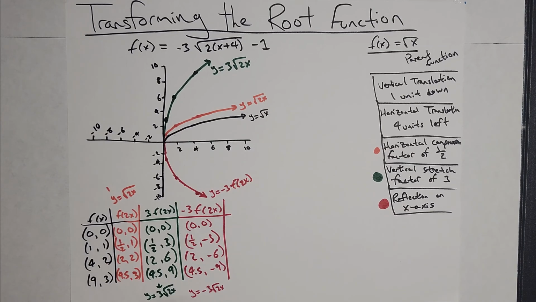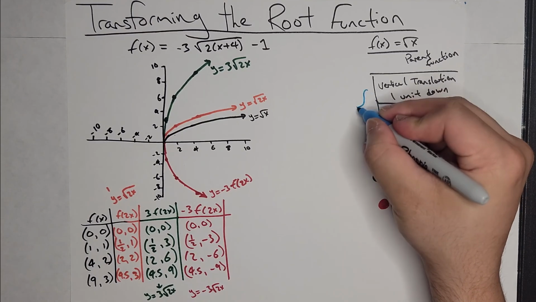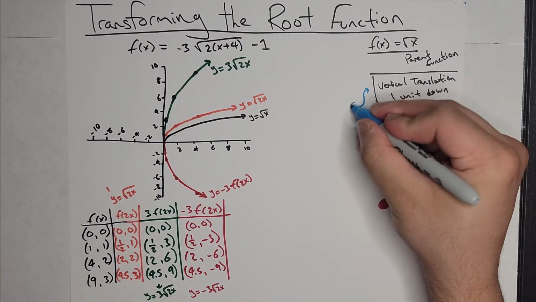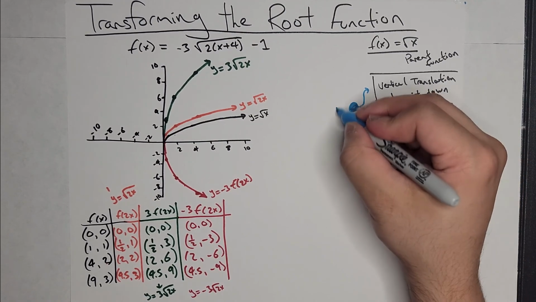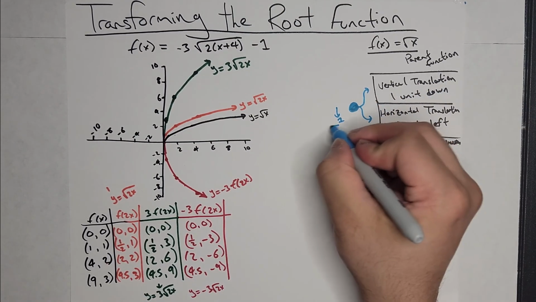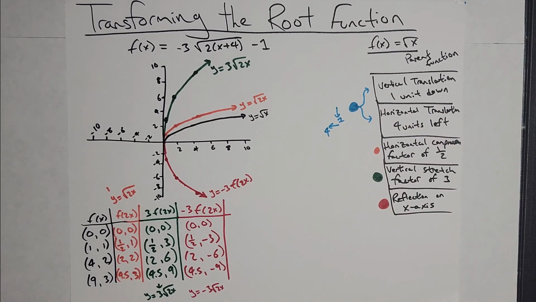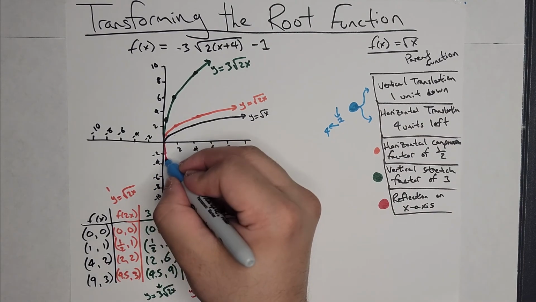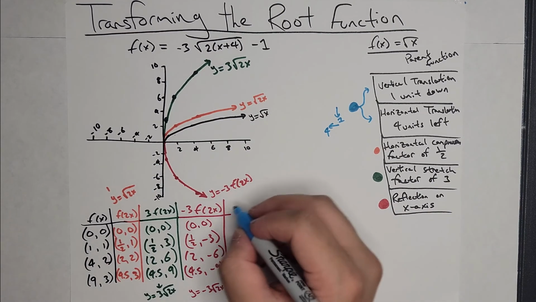So here, these two. So we're gonna go down 1 and left 4. So each one of these points will go down 1 and left 4. So we can actually write that out here.